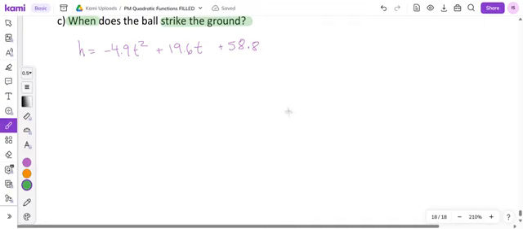I am not factoring this. Or maybe I should. 58.8 divided by 4.9. Ooh, folks. It's 12. Let's common factor this. Would that help? Negative 4.9. This might make our life easier.